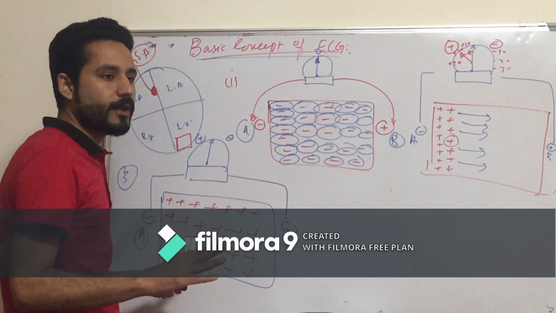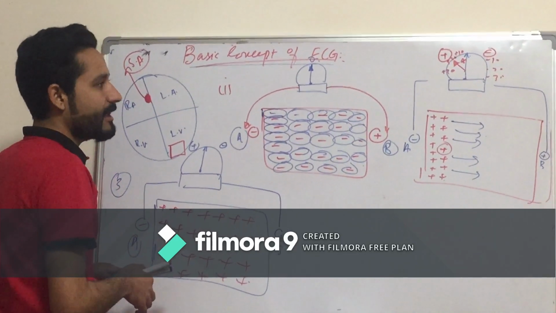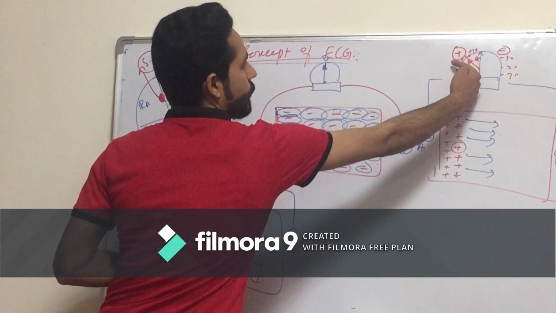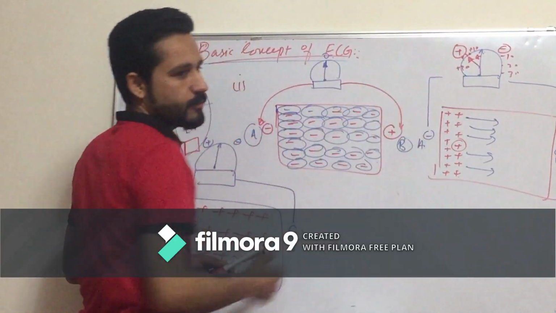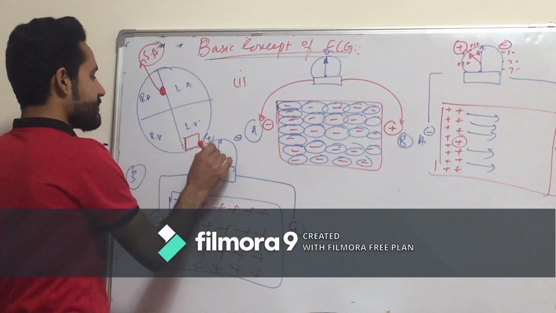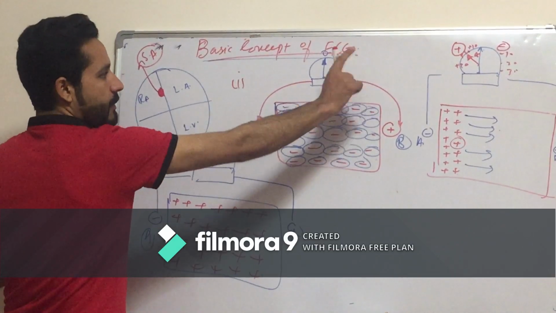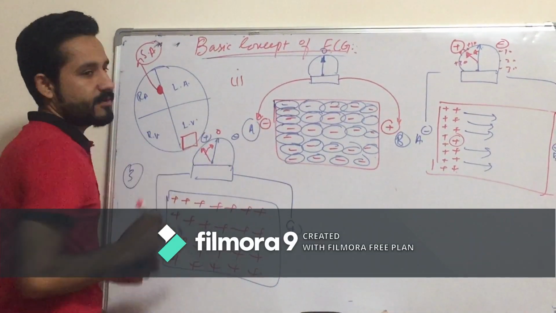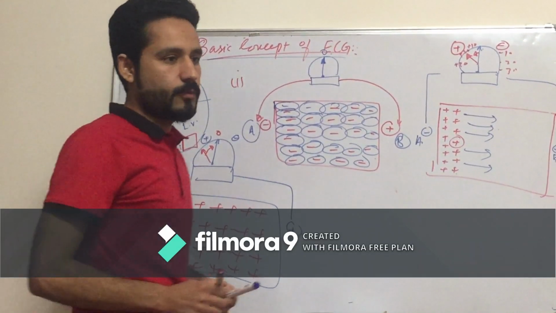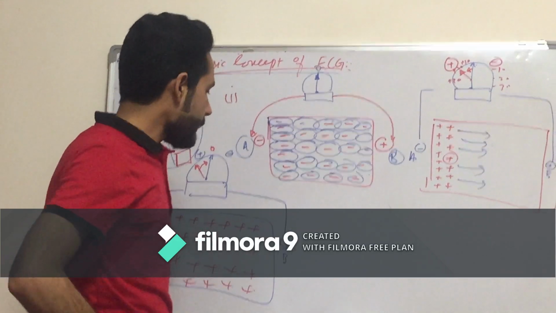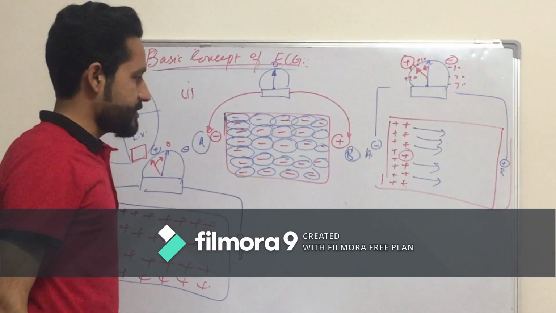It means there is no action potential. So again this galvanometer will move from the positive side towards its original position 0. Now this is the third observation.